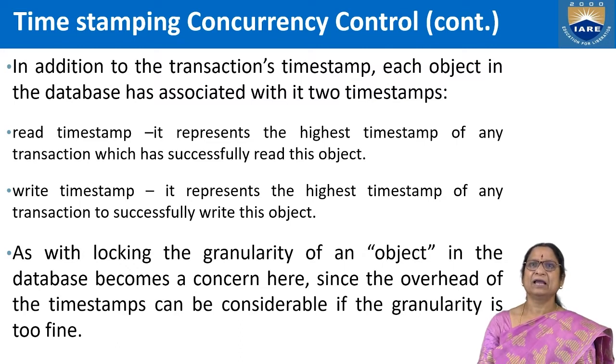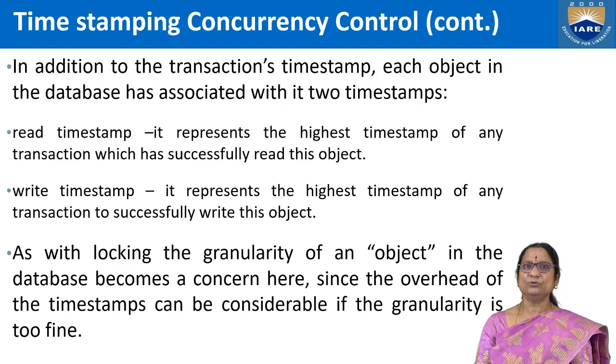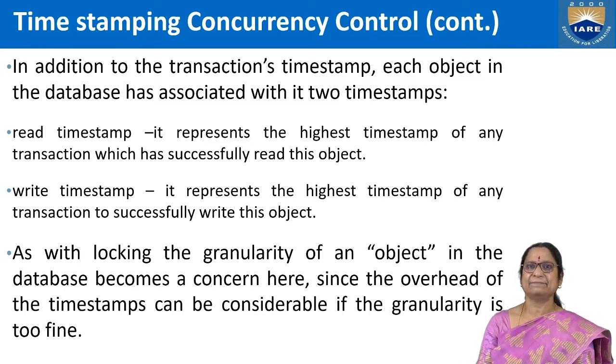That means each object of the database is associated with timestamps. Two timestamps are associated: one is the read timestamp, another is the write timestamp. A transaction is associated with only one timestamp, but each object is associated with two timestamps, the read and write timestamps.